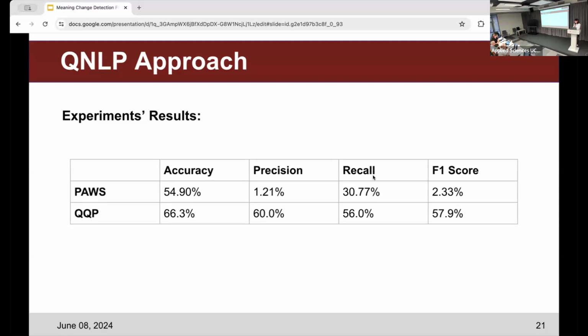Do you have ideas how to improve these bad numbers, these small numbers? What can we do, not just waiting while QNLP becomes more mature, but what we can do now? Actually, that classical model has some customized architecture.